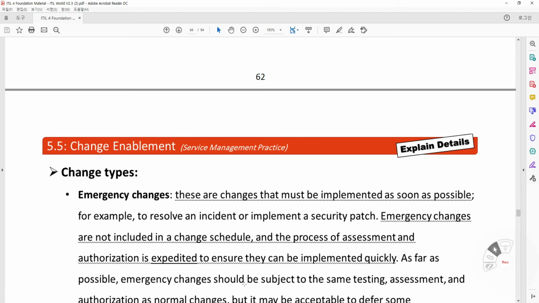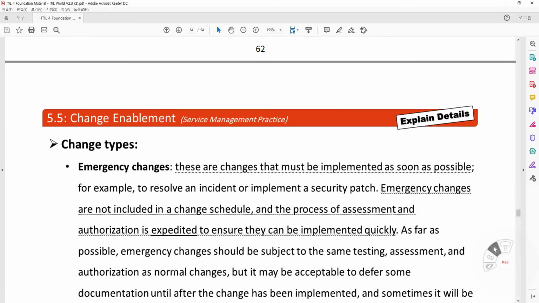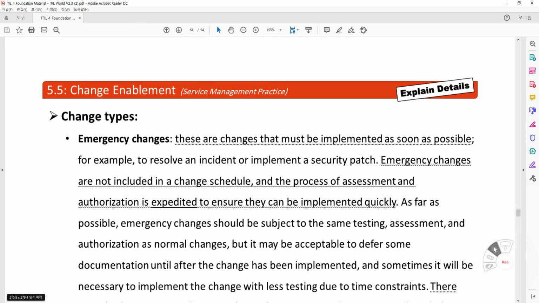Emergency changes should be subject to the same testing, assessment, and authorization as normal changes, but it may be acceptable to defer some documentation until after the change has been implemented, and sometimes it will be necessary to implement the change with less testing due to time constraints.